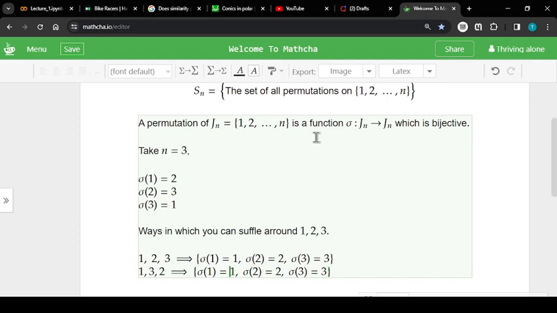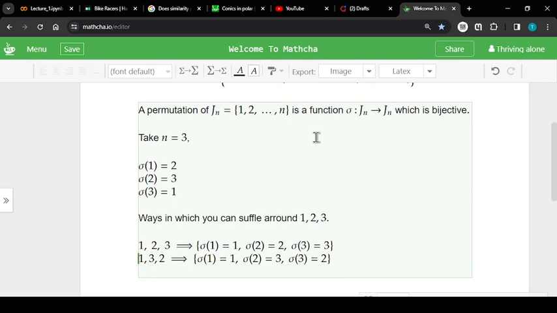You can think of the argument of sigma as an index, and think of this as an array. The second position is a 3, so sigma of 2 equals 3, and sigma of 3 equals 2. So sigma is a function which maps 1 to 1, 2 to 3, and 3 to 2.